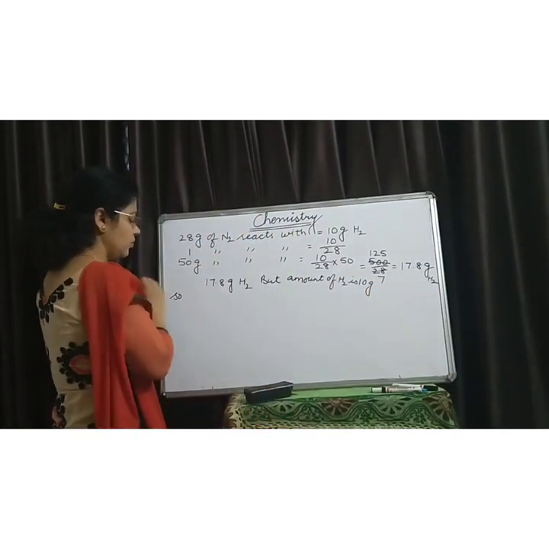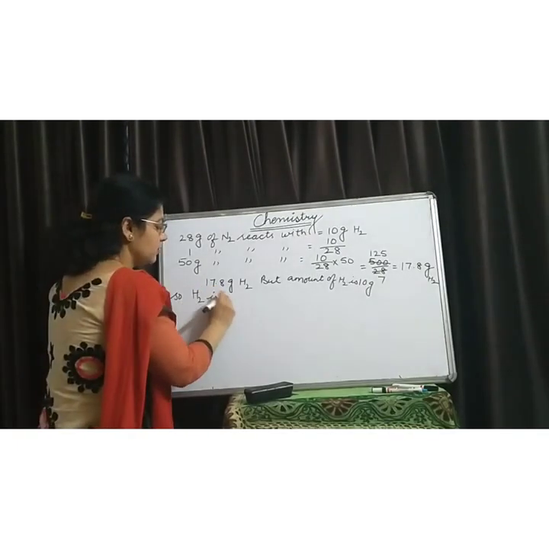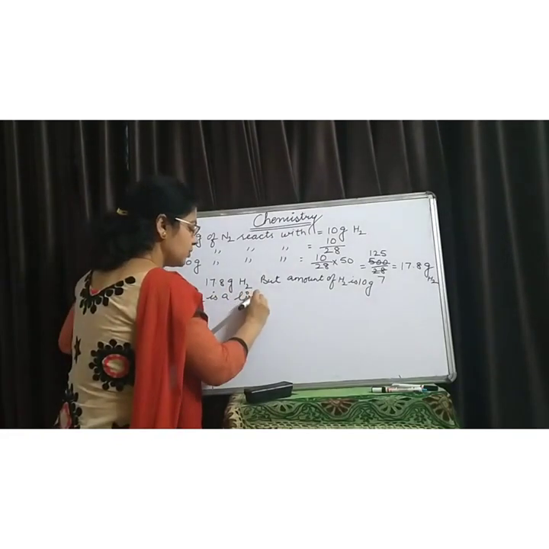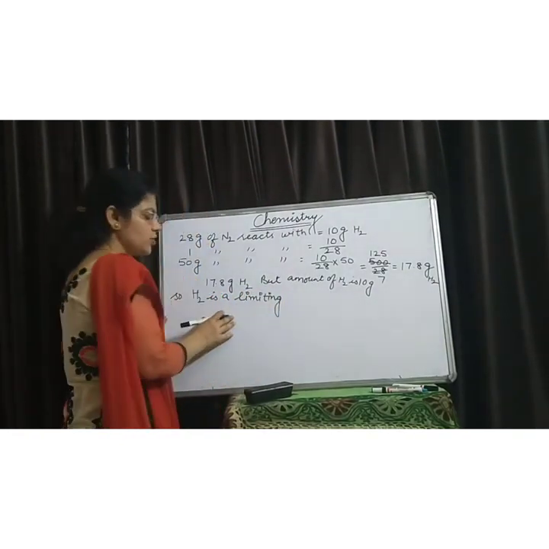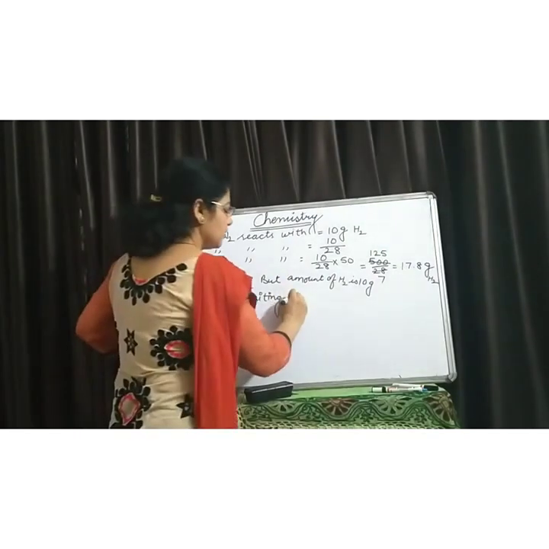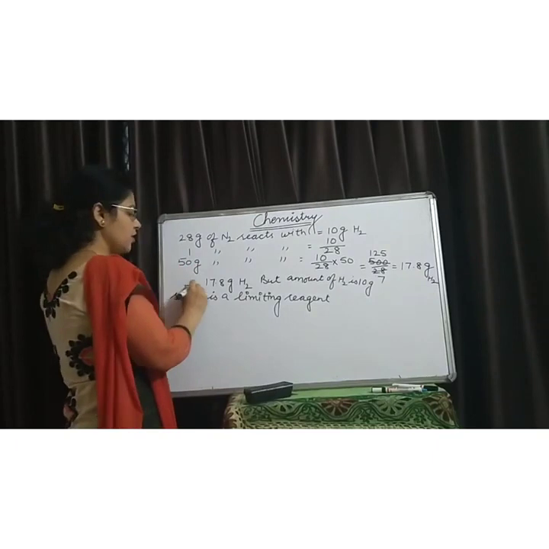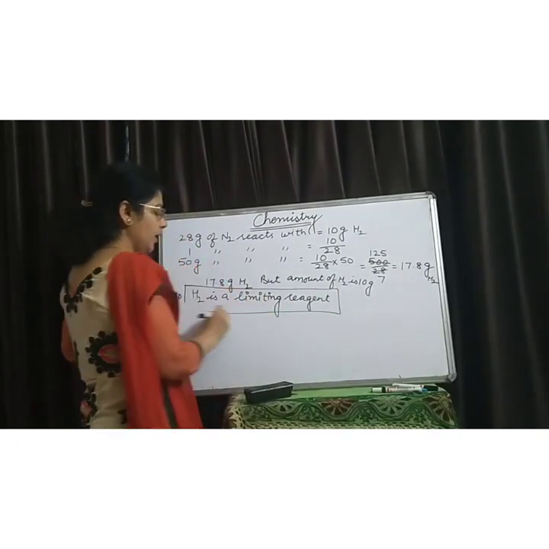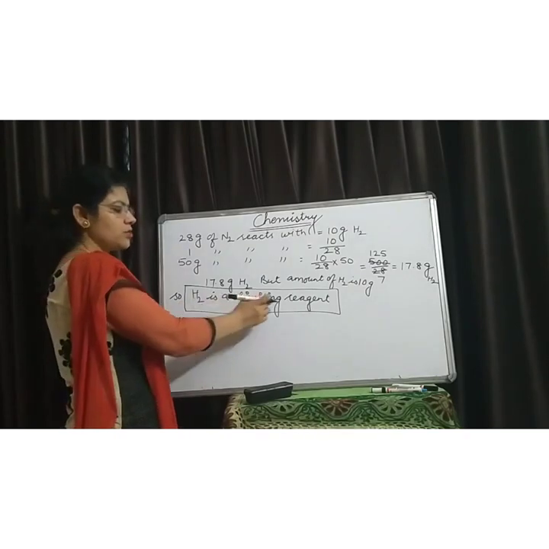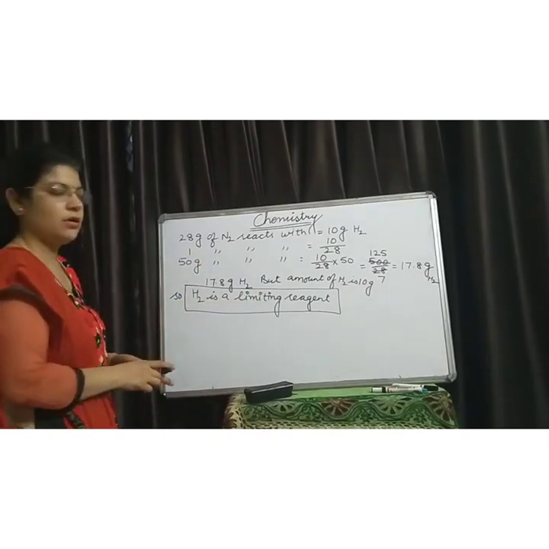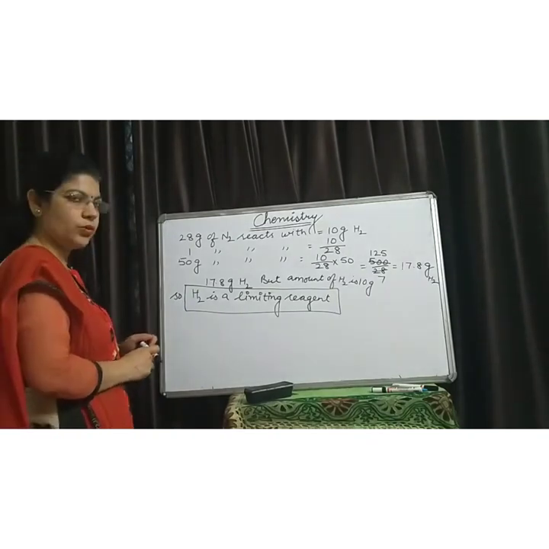So hydrogen is a limiting reagent in this question. This is the first part, in which we had to calculate which one is the limiting reagent. Our next aim is to find the amount of ammonia.